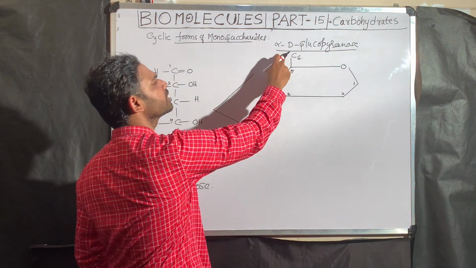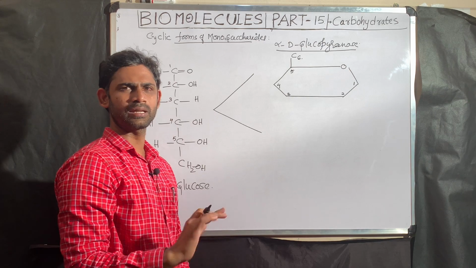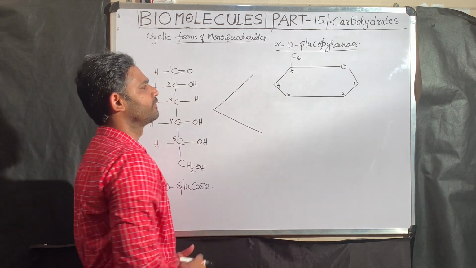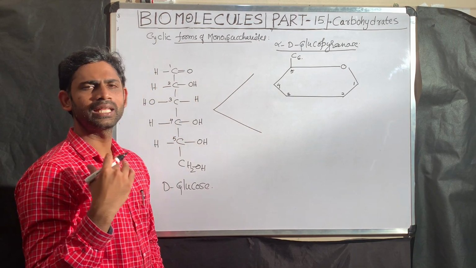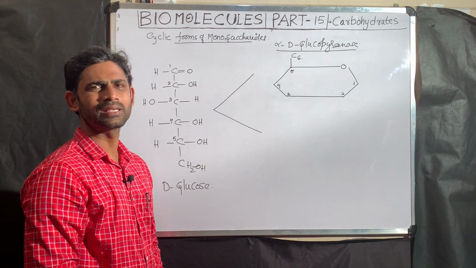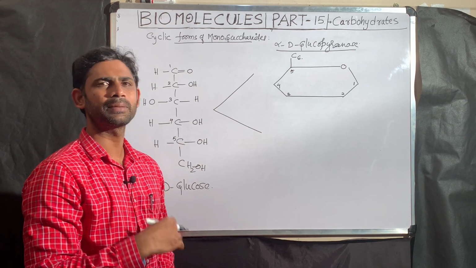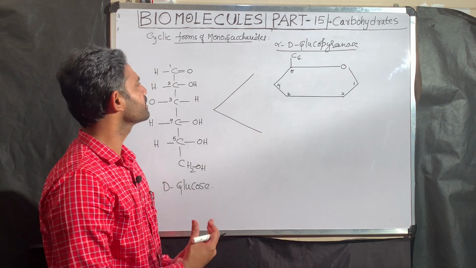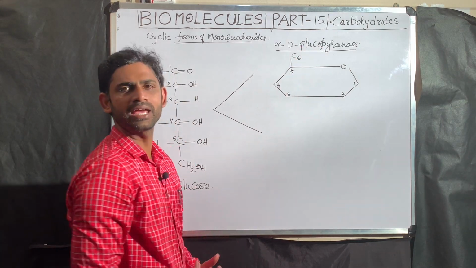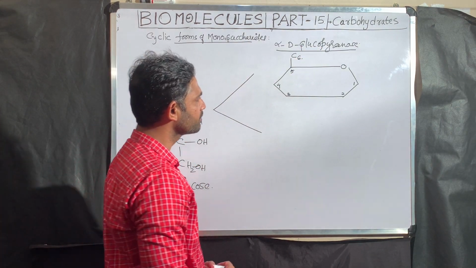After writing, D is a constant because D sugars are most common. Next, alpha. There are two anomeric forms, alpha anomeric carbon and beta anomeric carbon. What is the difference? Somewhere at the edge I will write it, so concentrate there.